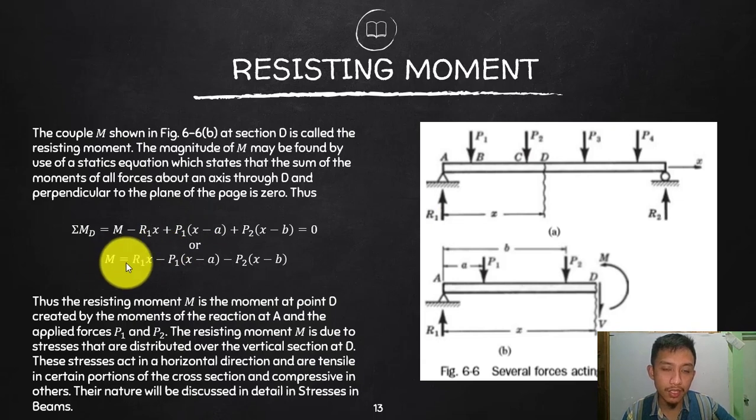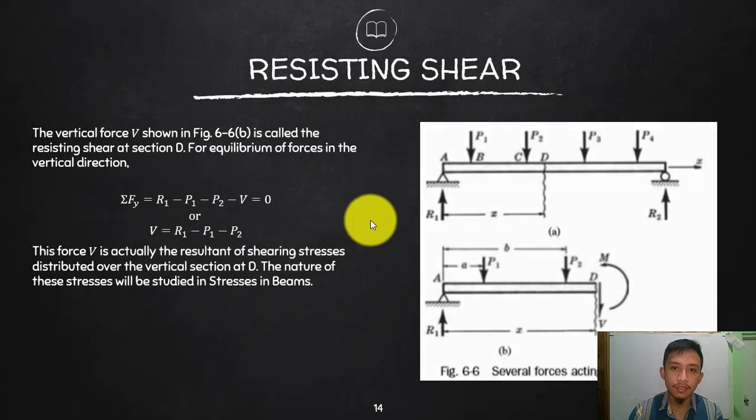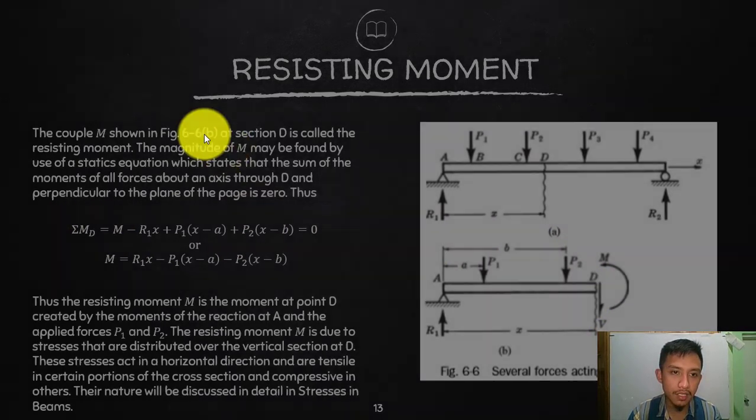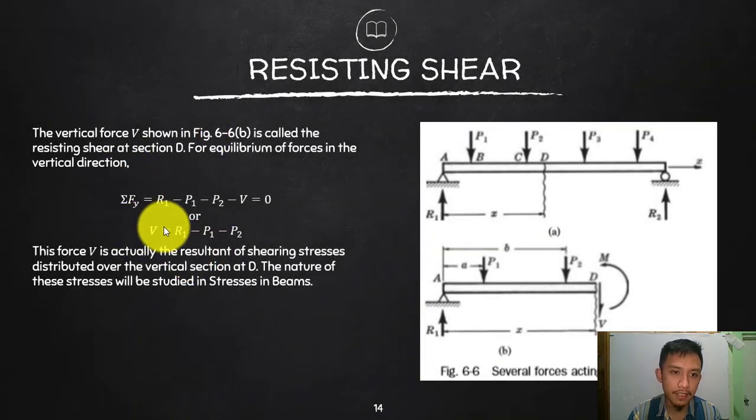Then I will end up with another moment, because the moments all throughout the beam are different. The moments within the length of the beam are different at a certain distance, and so on with the shear that we are referring to. Same thing as your V. In here we summate moment at D, so that we will end up with the internal moment. And then same thing will happen in finding your internal shear.